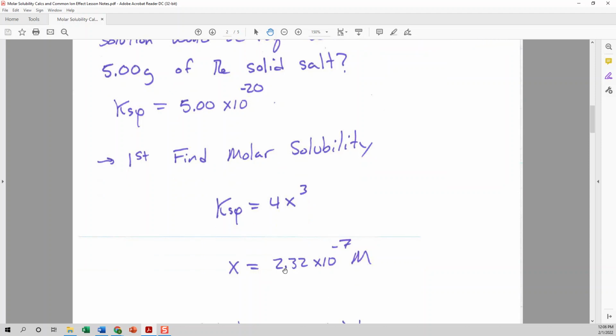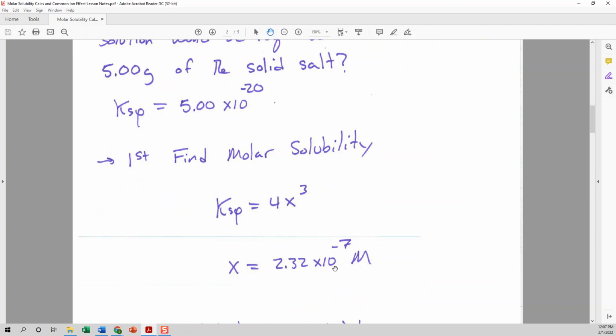We get 2.32 times 10 to the negative 7 moles of calcium hydroxide for every 1 liter of solution. That's what molar solubility represents: how many moles of this salt will be in every 1 liter of solution.